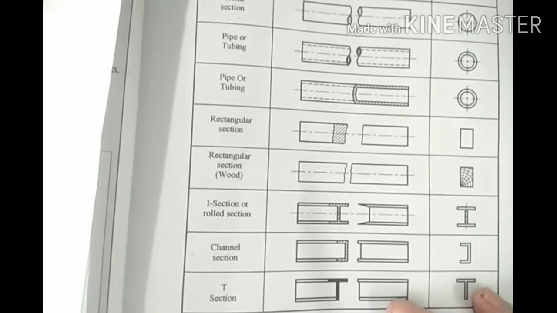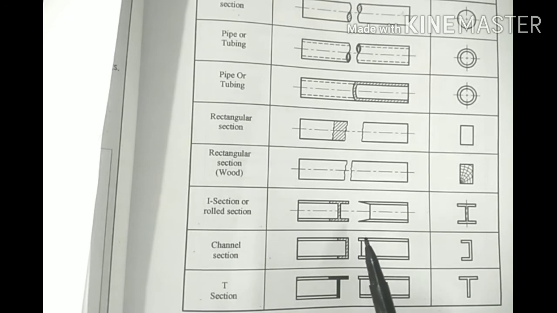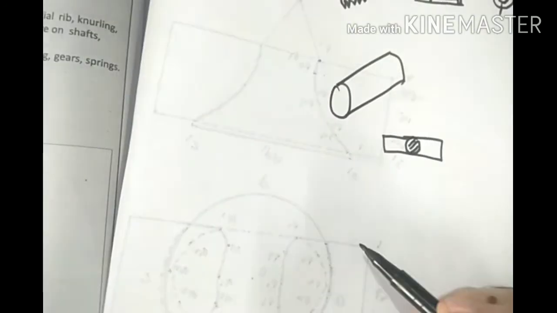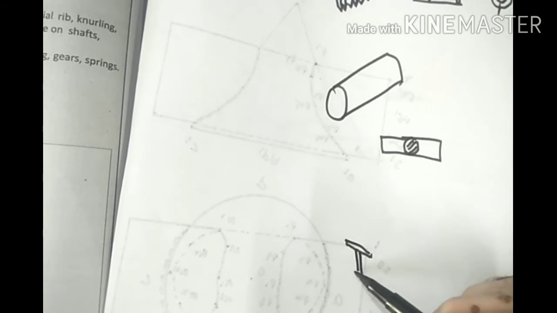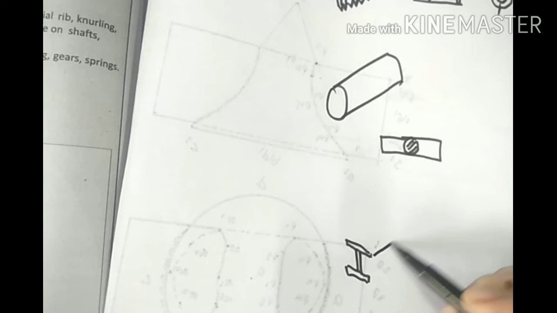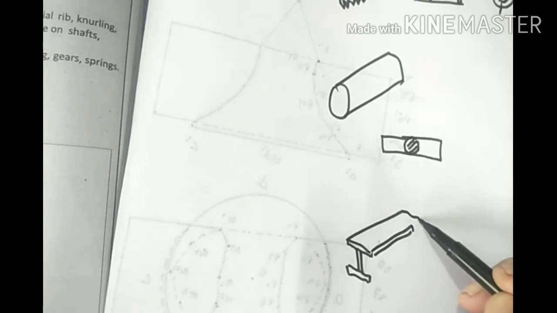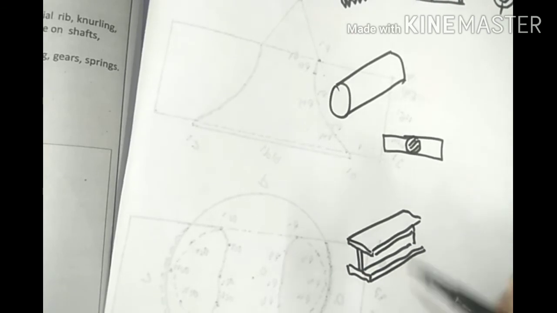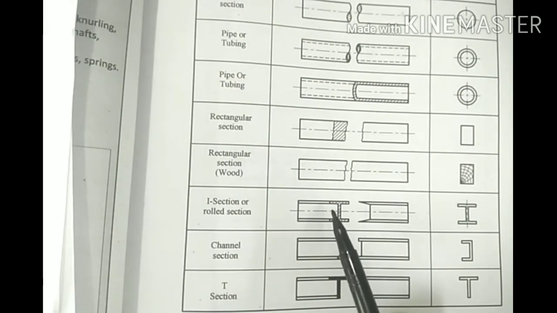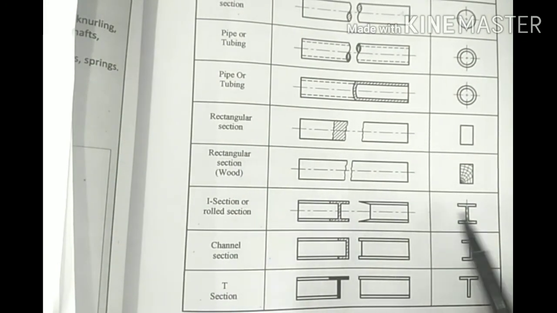And if there is I section, means something like this, I section, most of the girders or railway track is made up of I section. So this I section, if it is cut, so it is to be shown like this. Similarly, channel section, and similarly T sections.